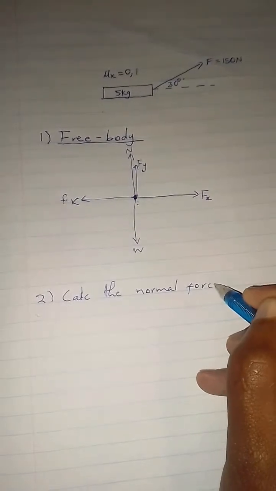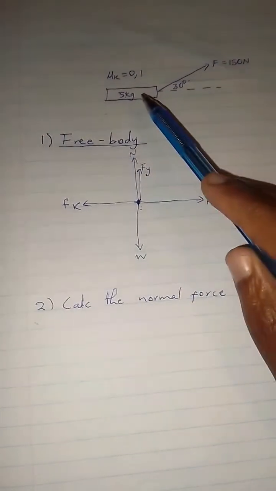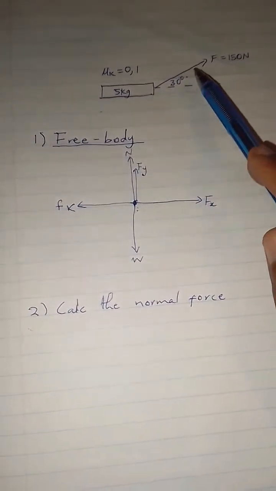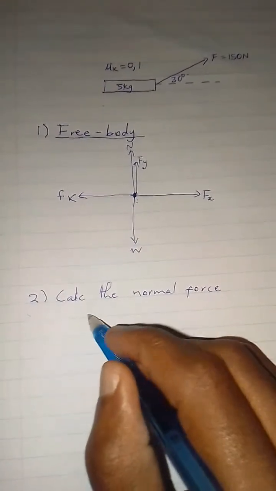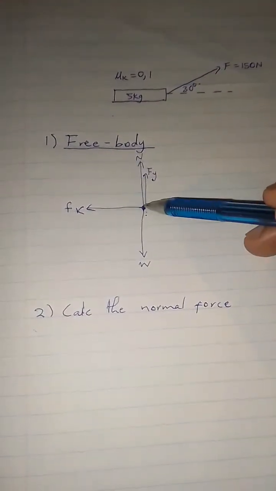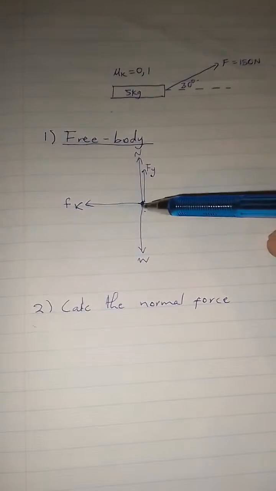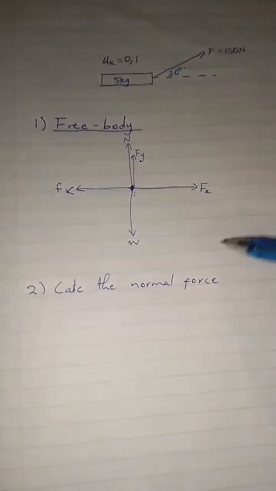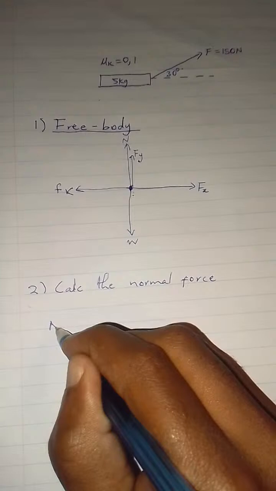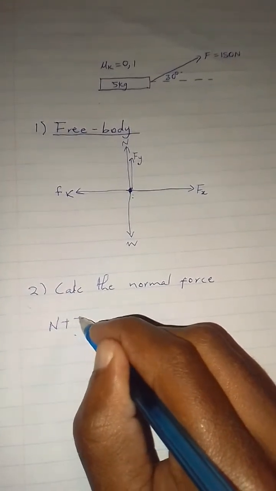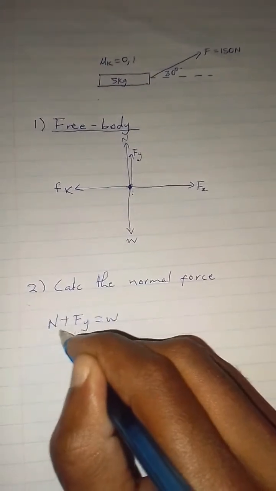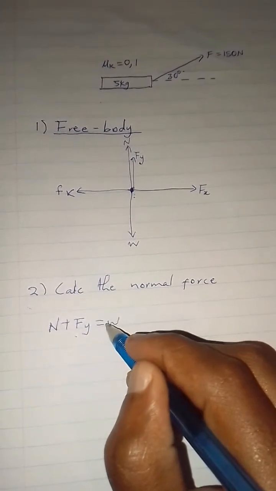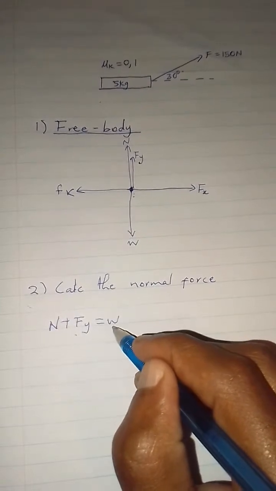How do we calculate a normal force if we have an applied force that is acting at an angle? Right, okay. We know that all the forces that are acting upward are equal to all the forces that are acting downward. So we're going to have something like this: N plus Fy equal to W. These are all the forces that are acting upward, equal to the forces that are acting downward.